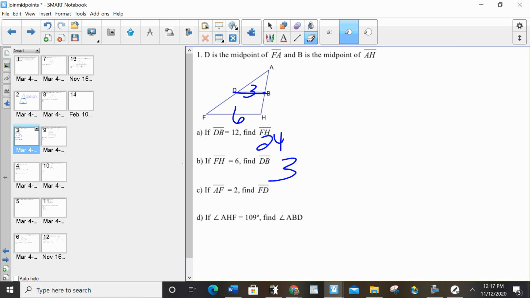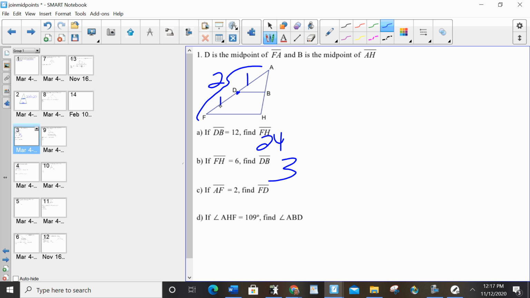Now C and D are a little different. If AF is 2, this doesn't incorporate this rule, but if D is the midpoint and AF is 2, that makes AD and DF each 1. That's not a 2 times the midsegment equals the opposite side concept. That's a midpoint, a segment and a half concept.